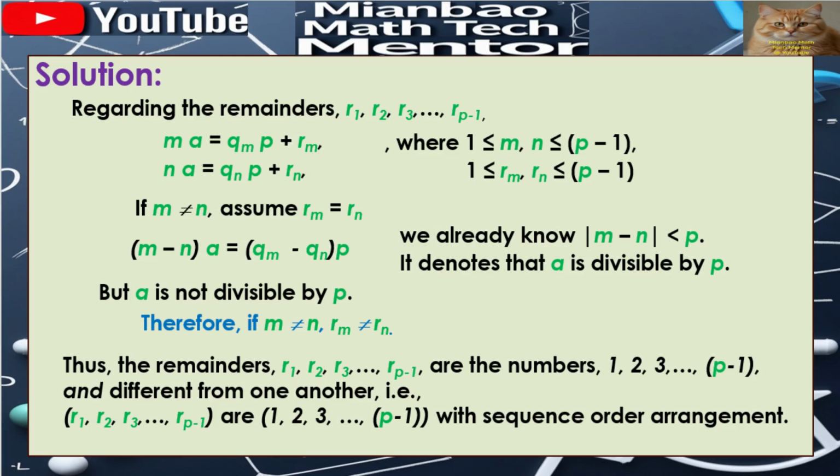Thus, the remainders r1, r2, r3, and so on, r(p minus 1), are different from one another. That is, they are the numbers 1, 2, 3, and so on, p minus 1, in some sequence order arrangement.